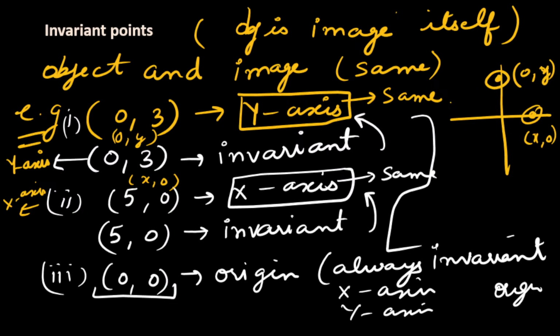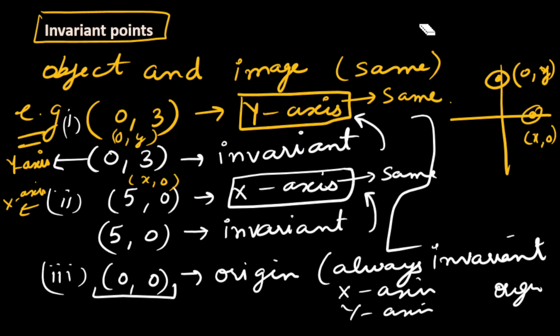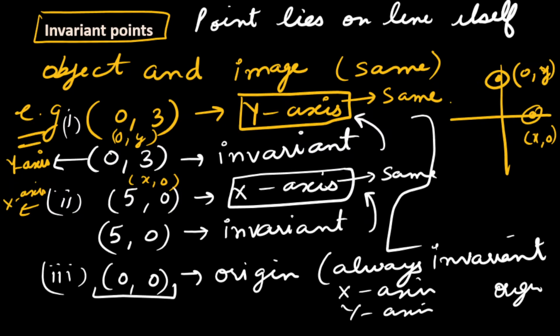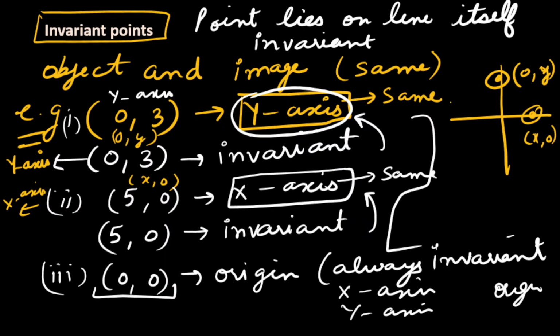One thing you have to remember for an invariant point: when a point lies on the line itself, in that particular case the point will become invariant. What does it mean? Here you can see this point is lying on the y-axis and reflection is also through the y-axis only.